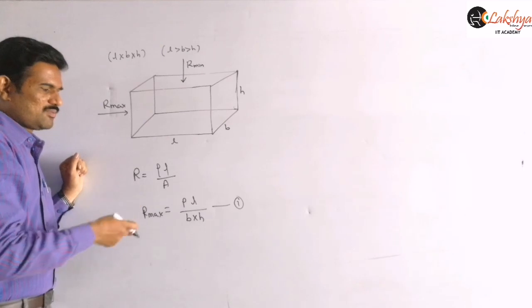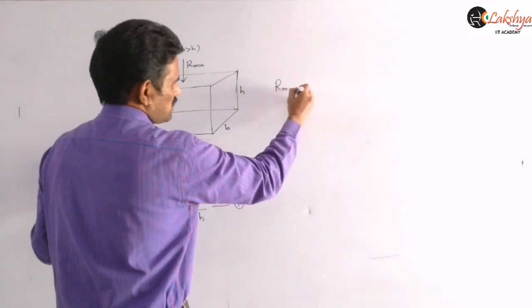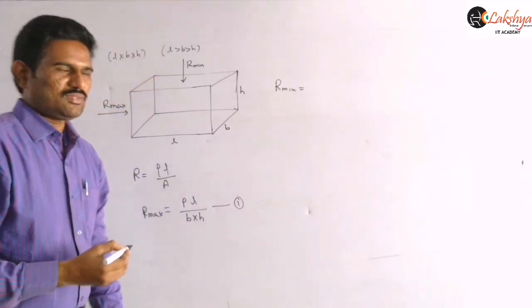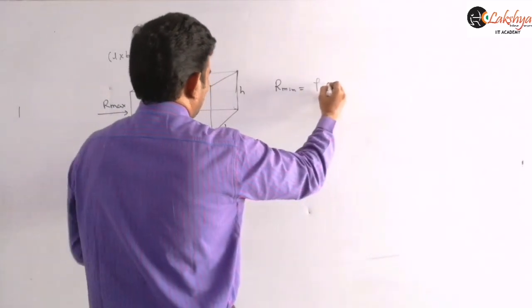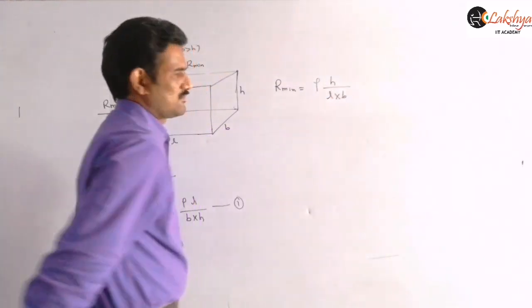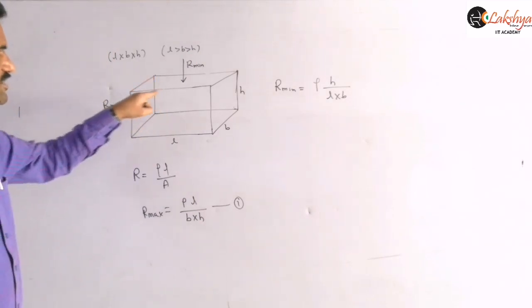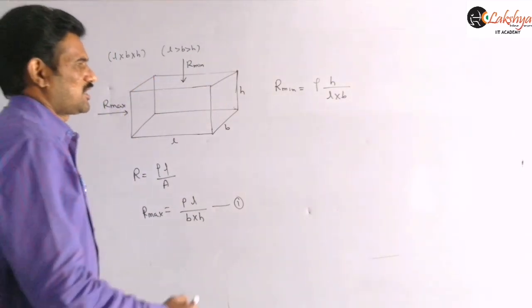So automatically the resistance will be minimum there. Therefore I can write R minimum is equal to rho into that length H by area of cross section L into B. This face area we need to write. This is L and this is B, right?